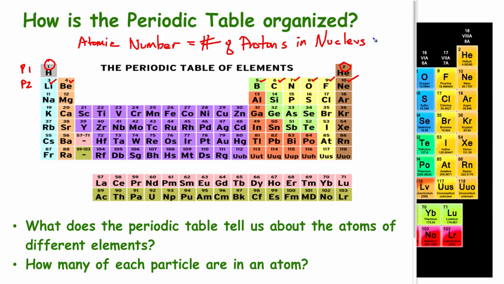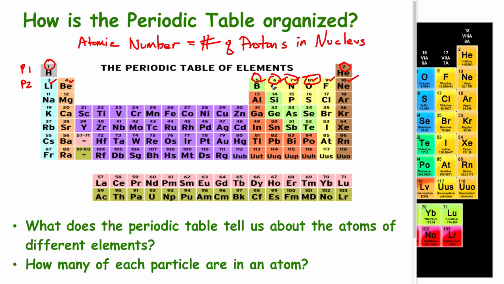So Mr. Woods, are you saying that by looking at the periodic table and the atomic numbers, I can tell how many protons are in an atom of that element? That's exactly what I'm saying.